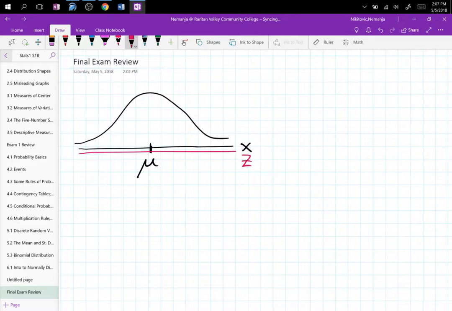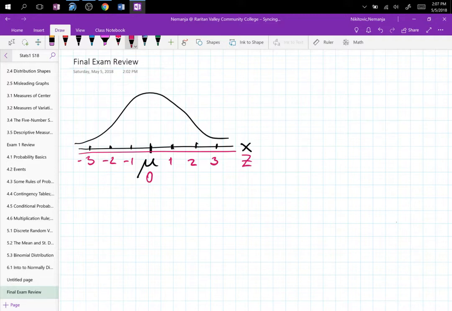This axis is the z-axis, and there it's 0. We have standard deviations to the left and to the right: 1, 2, 3, 1, 2, 3, and these on the red scale are all standardized. So we have numbers from -3 to +3, and mu is equal to 0.